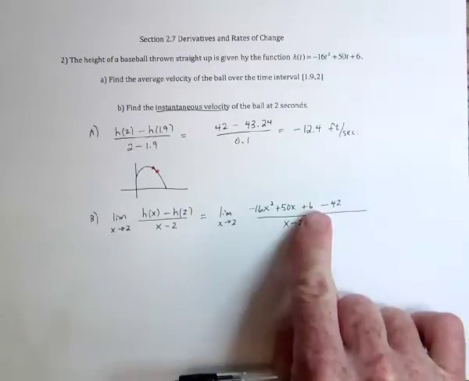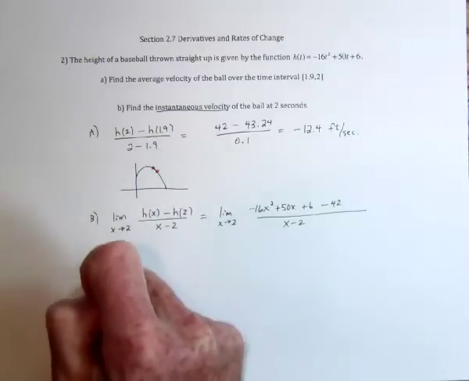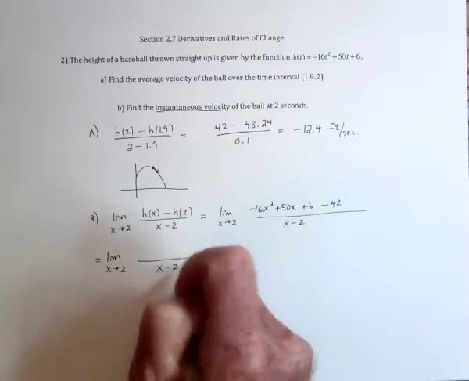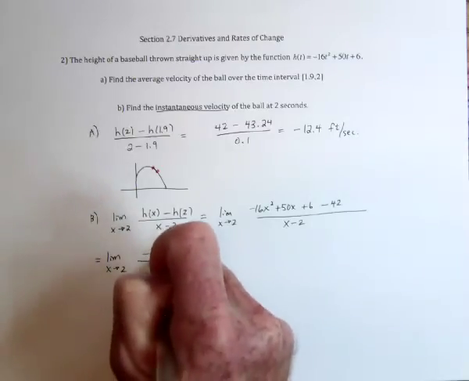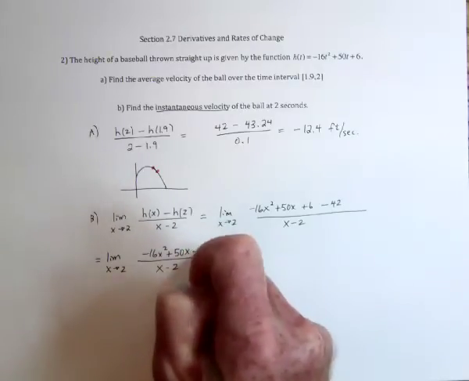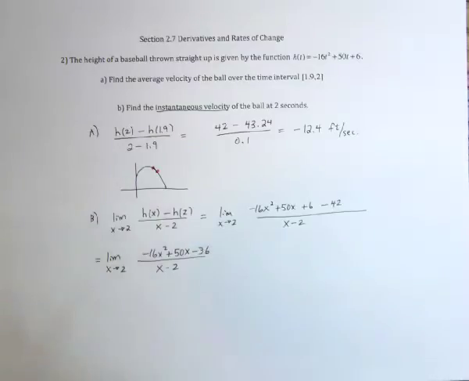And then I can combine like terms, so this will make it negative 36. So we've got the limit as x approaches 2 of negative 16x squared, positive 50x, and then what's left is negative 36.